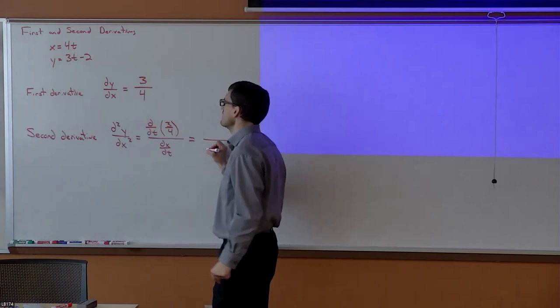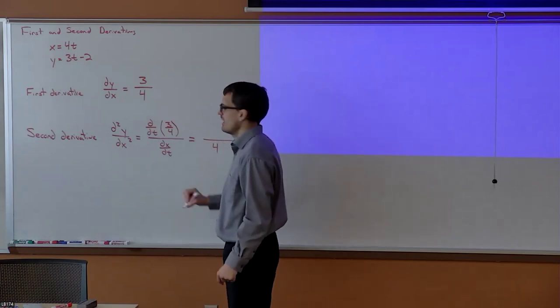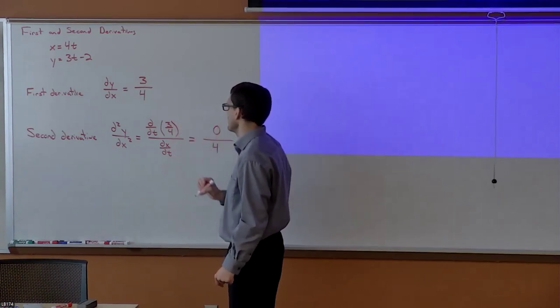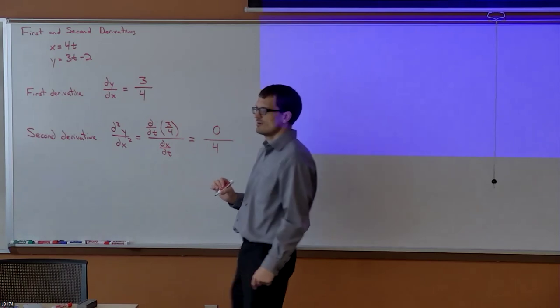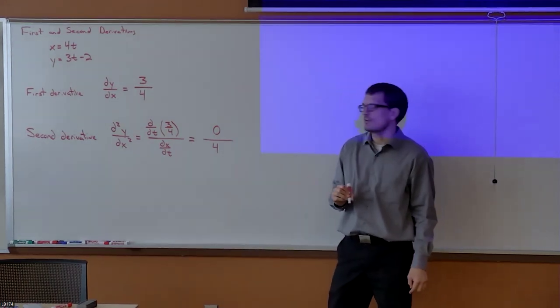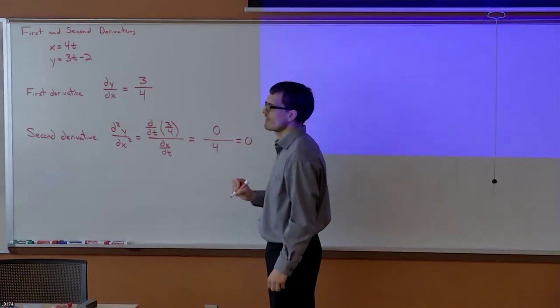So on the bottom, I'm getting a 4 once again. And on the top, the derivative of 3/4 is actually just a 0, since it's constant. So the second derivative is equal to 0.